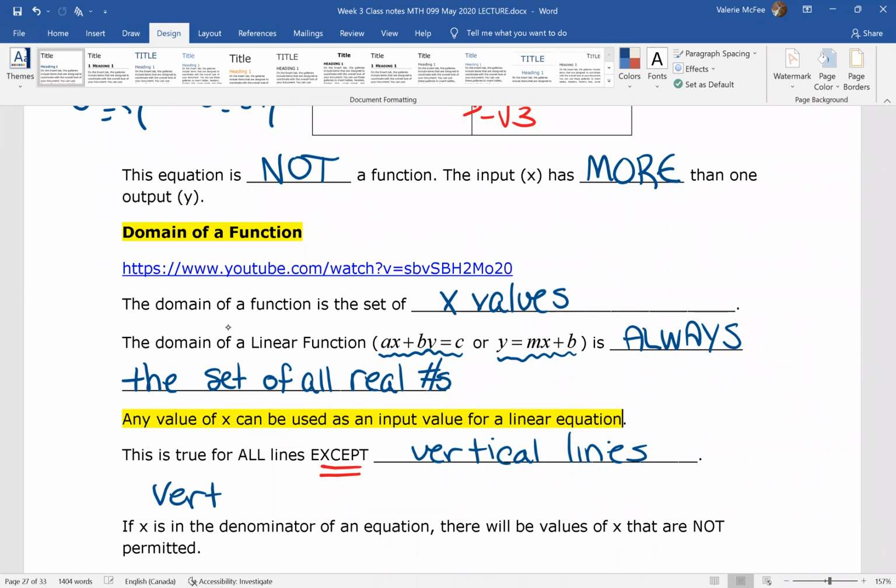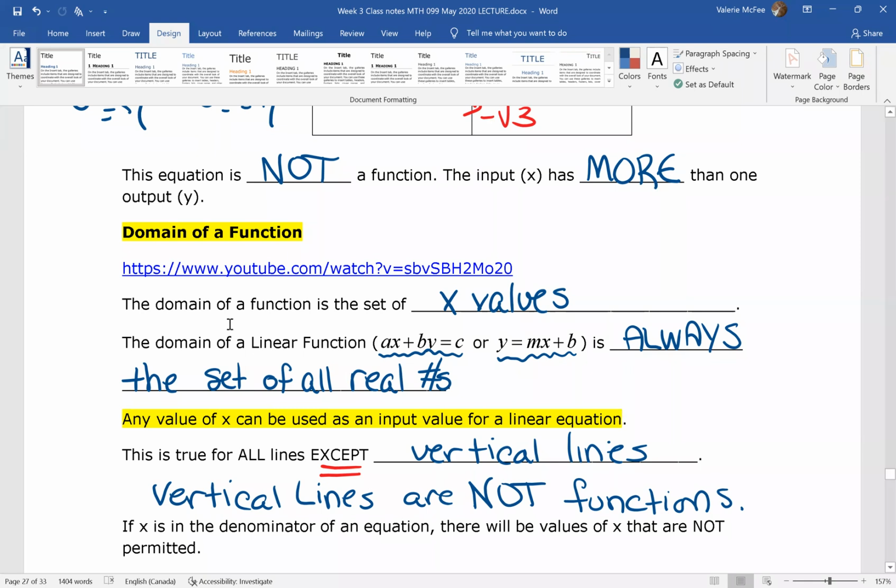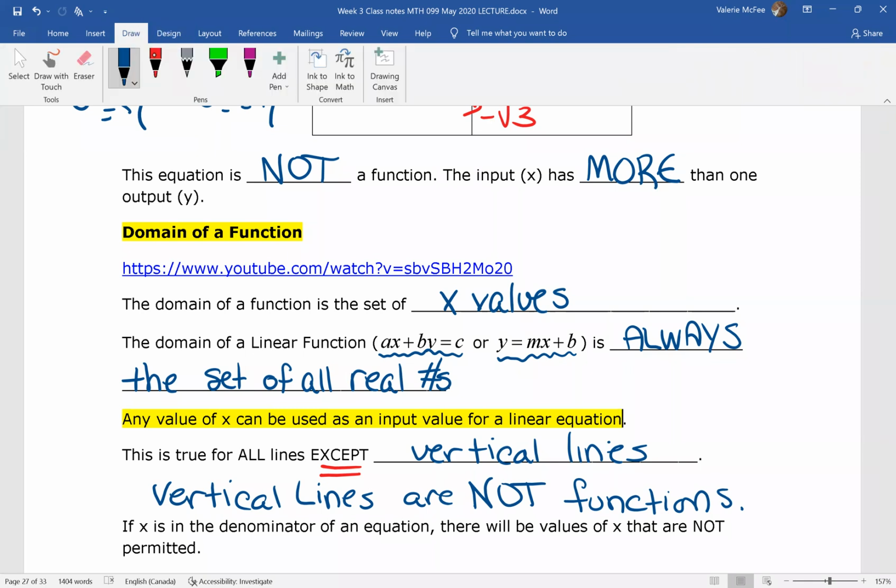Vertical lines are not functions. So for horizontal lines, diagonal lines, we have a function, and the domain, the x values, can be any real number. Vertical lines are not functions.